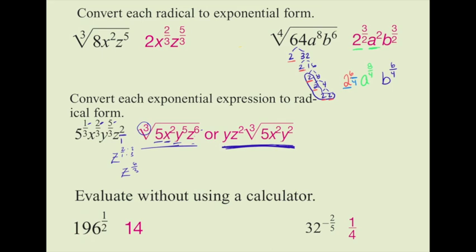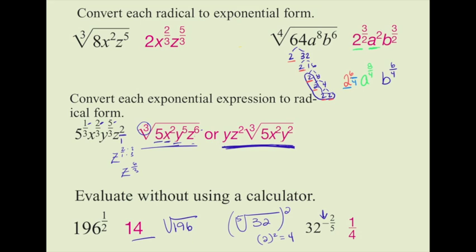And then this just wanted the square root of 196. 196 does have a perfect root. That's 14. This wanted the 5th root of 32 squared, right? The 5th root of 32 is 2. Squaring that gives me 4. But this negative exponent, that's a property that you should remember.